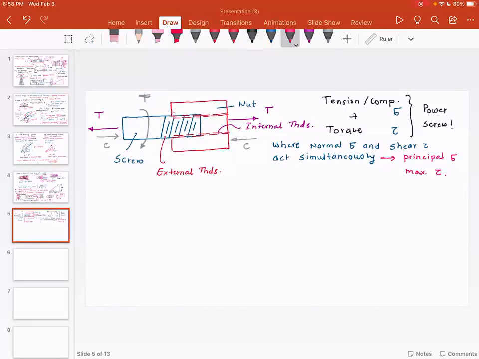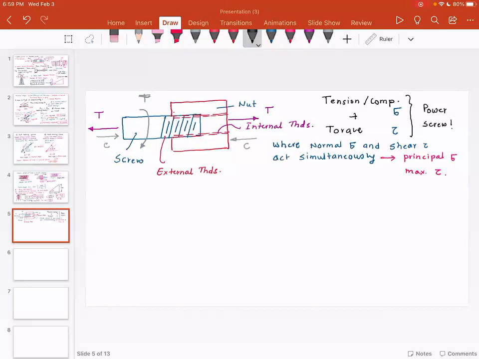So principal stress is nothing but the equivalent normal stress when you have simultaneous action of normal and shear stresses. Maximum shear stress is the equivalent shear stress when you have simultaneous action of normal and shear stress.